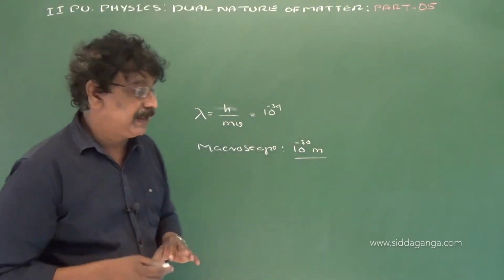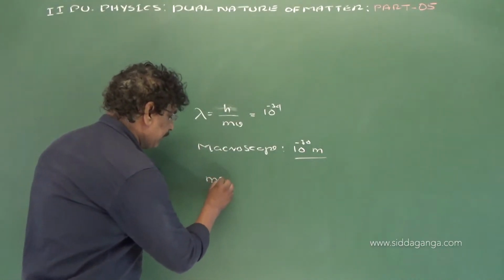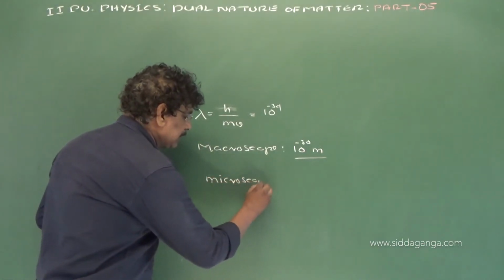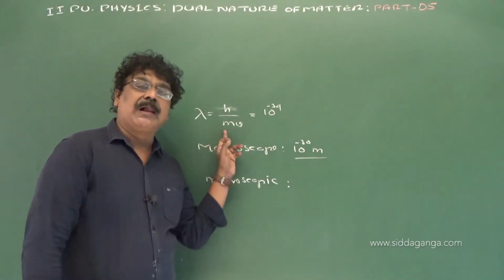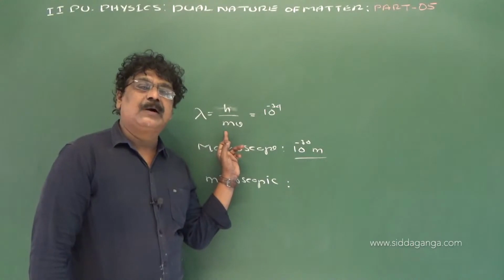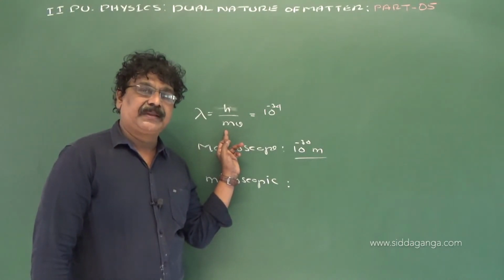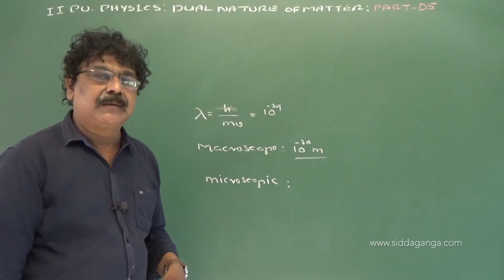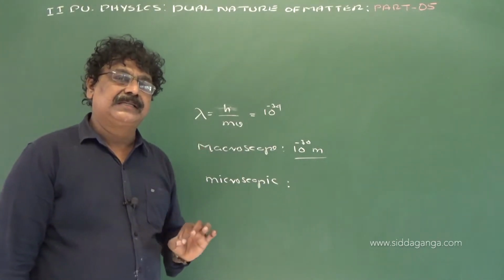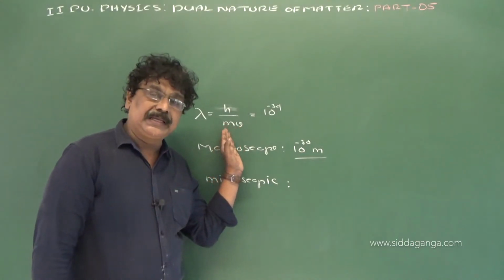However, in case of microscopic particles, their mass is very small. If we take an electron, it is of the order of 10 power minus 30 kg, and other atomic and subatomic particles 10 power minus 27 kg.